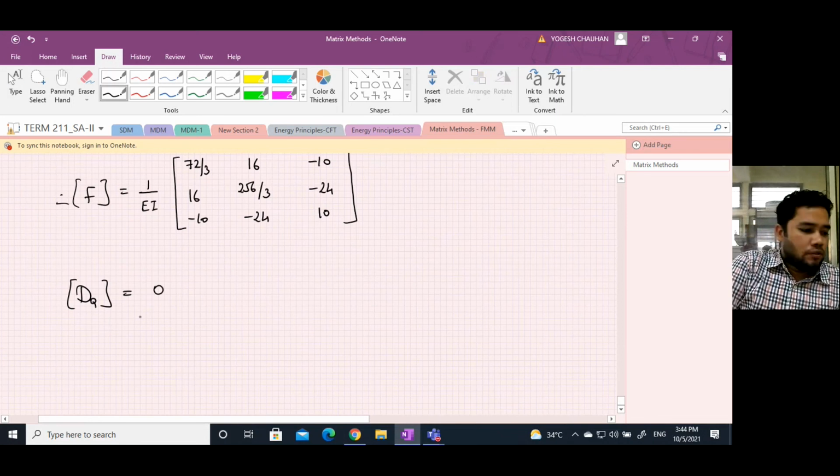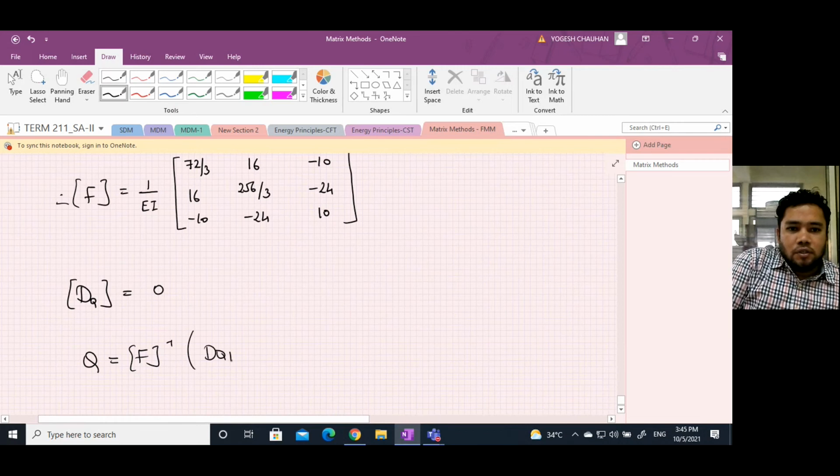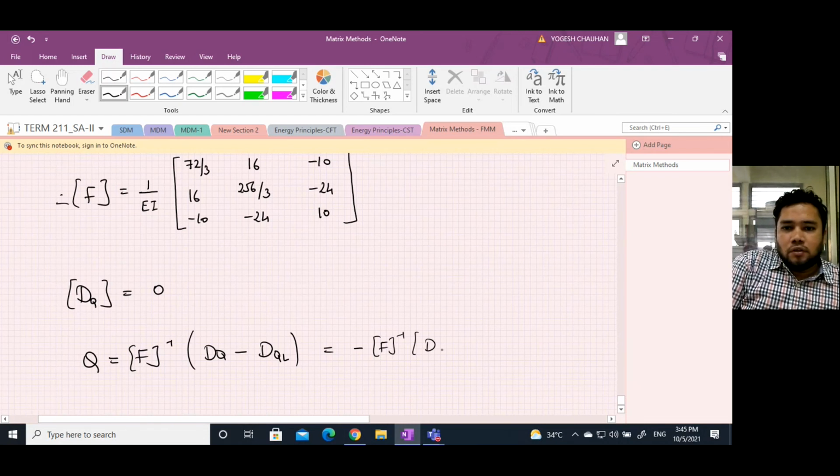So here it will be 0, and your Q is given by F inverse DQ minus DQL.